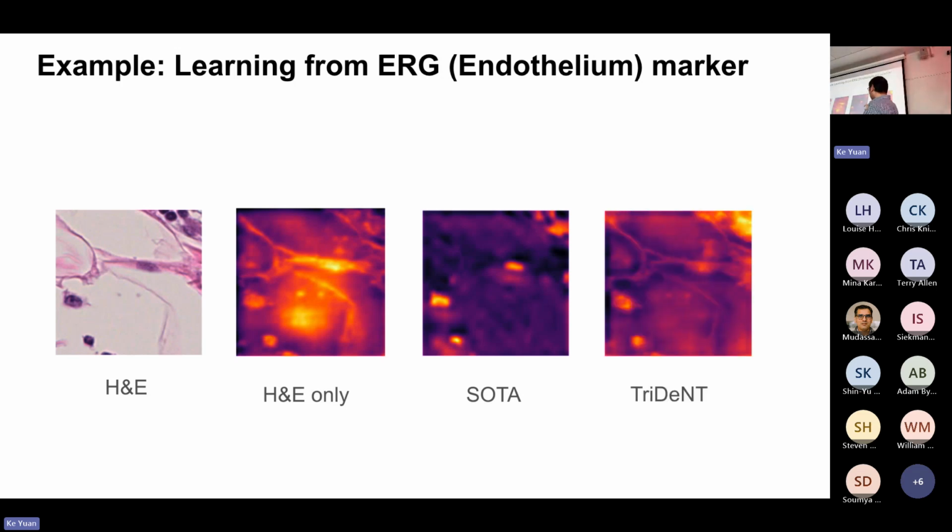But at the same time, it loses other important structures in H&E. With Trident, because we have the additional channel, the model can basically maintain the information in H&E. So in this case, it shows a much better activation map.